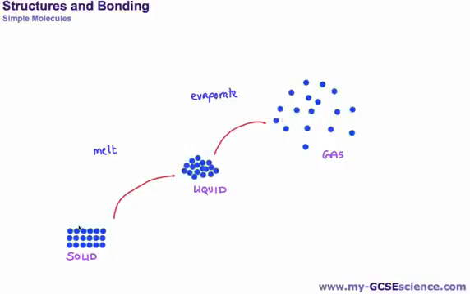So if I have a solid substance, for me to make it into a liquid I have to supply energy, and in fact heat energy, and what that energy does is it goes towards breaking or overcoming the forces of attraction between the particles.